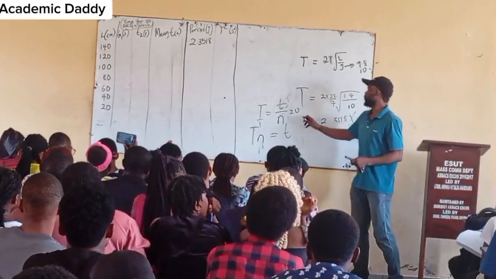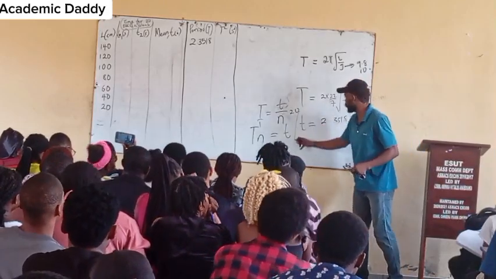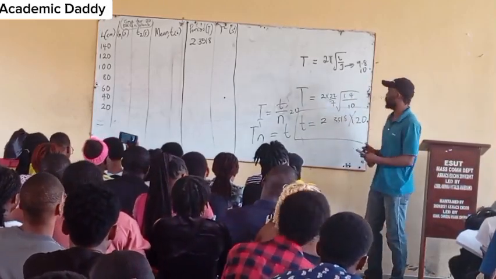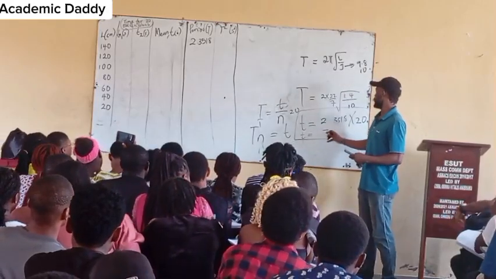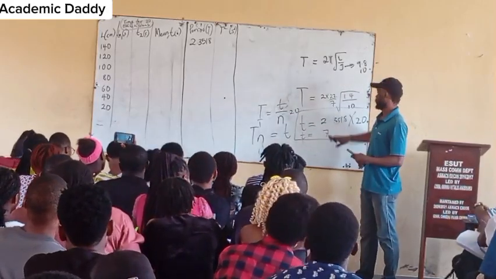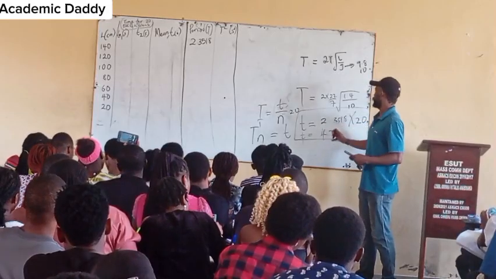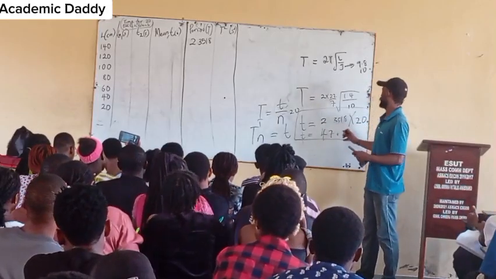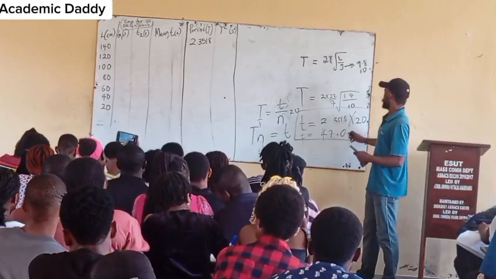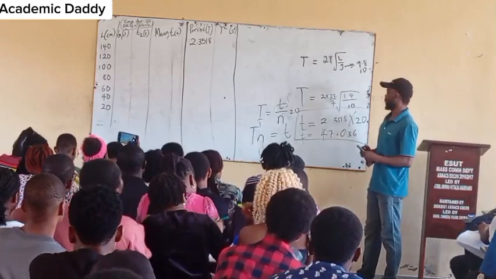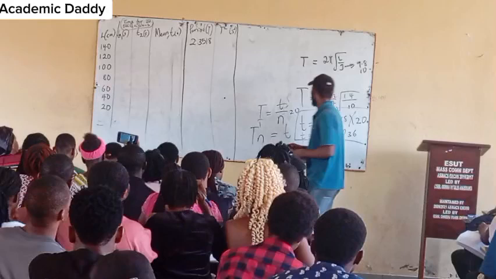Which means that here is equal to, if I multiply this, what do we have? 7.36, like this.